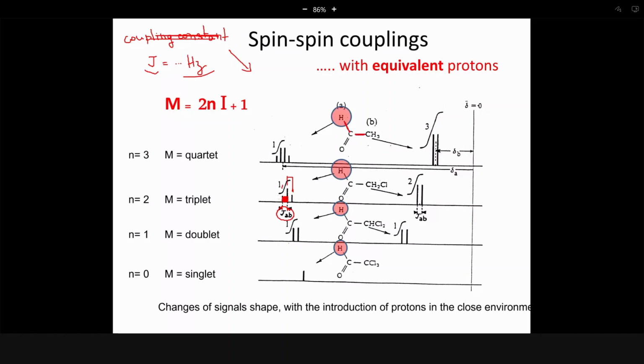Remember, we said that this is scalar coupling between protons on closely related carbons. I have 1, 2, 3 bonds separating these 2 protons, 2 magnets that are interacting with one another. So this number of bonds will influence the value of the coupling constant.